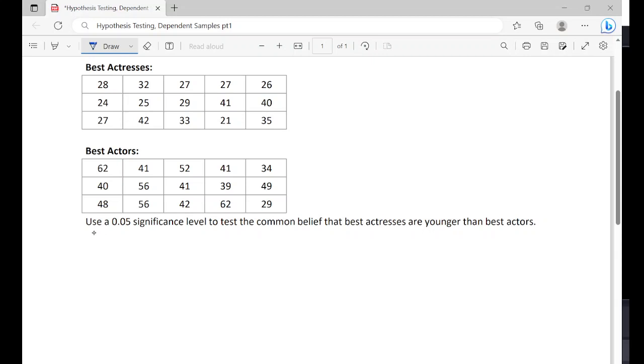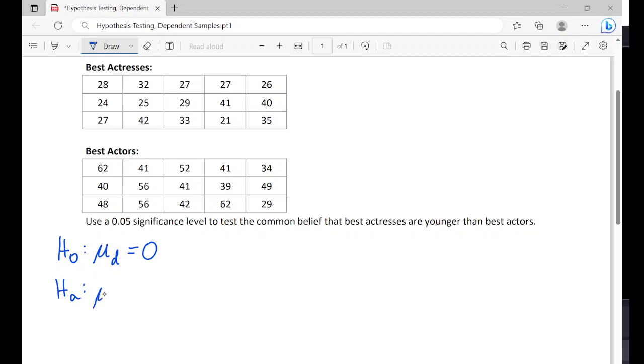So we're going to be using a 0.05 significance level to test the common belief that best actresses are younger than best actors. So let's start setting up our hypothesis. So we have our null and we have our alternative. And again, like I said, we're dealing with a mean difference. So mu sub d, so mean difference, and it's going to be equal to 0, because equality for the null, typical.